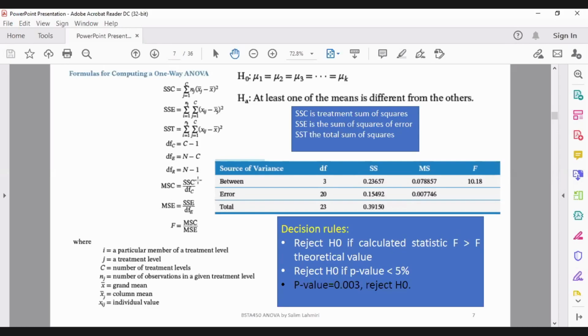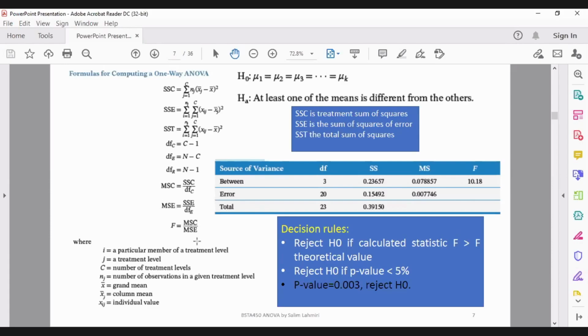MSC is equal to SSC over DFC, where DFC is the number of experiments minus 1. So we got MSC, we got MSE, and calculating the ratio of these quantities, we get F, where F is equal to MSC over MSE.